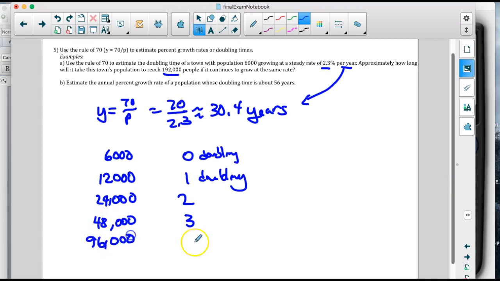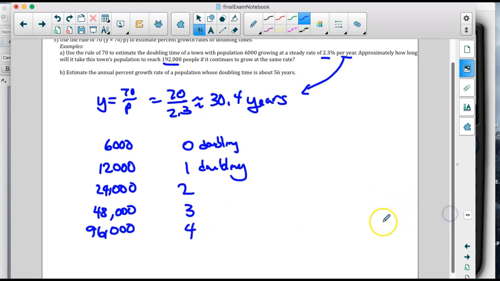96,000 for 4 doublings, and doubling that is 192,000, which is 5 doublings, because that's what we're looking for, 192,000. So it takes 5 doubling times, so it'd be 30.4 times 5 to get the number of years.